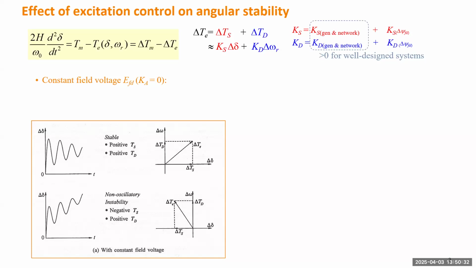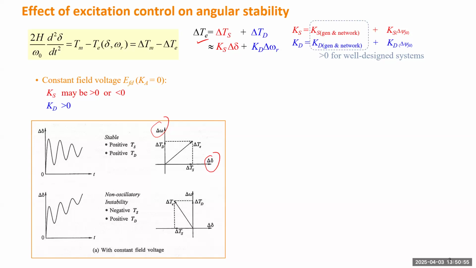Which means if you try to draw the deviation of the electric torque in the plane of speed deviation and angle deviation, it is in the first quadrant. It has positive projections to both axes.